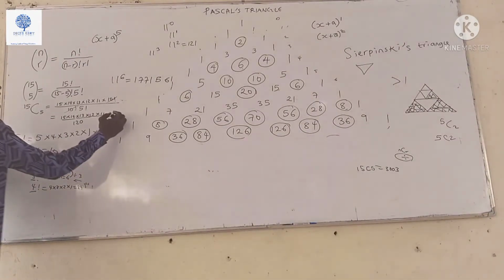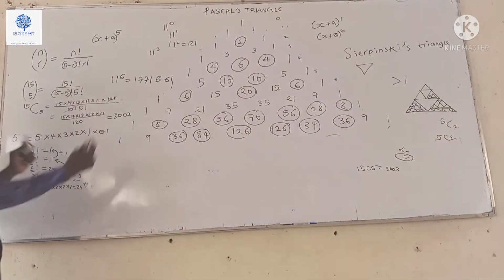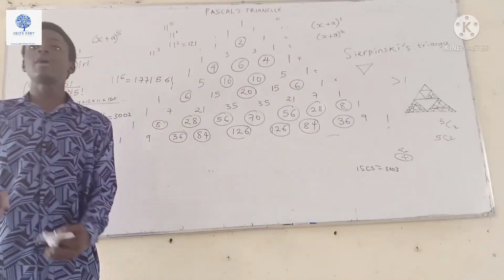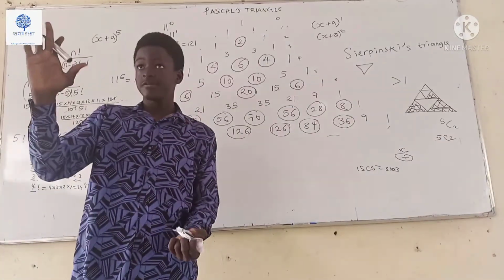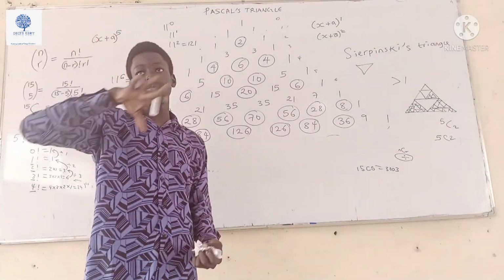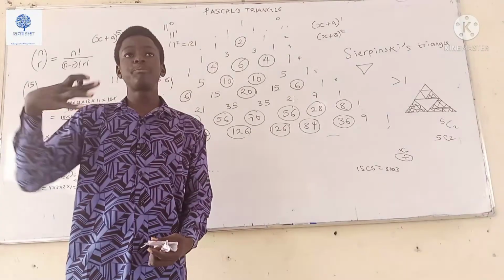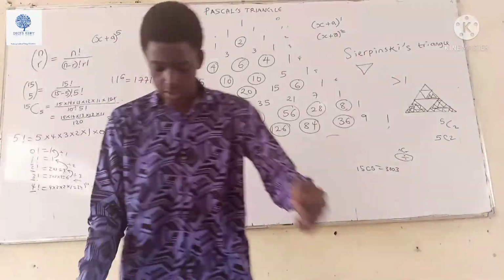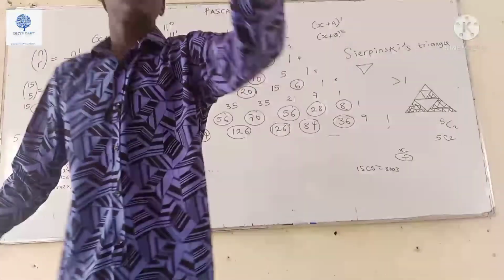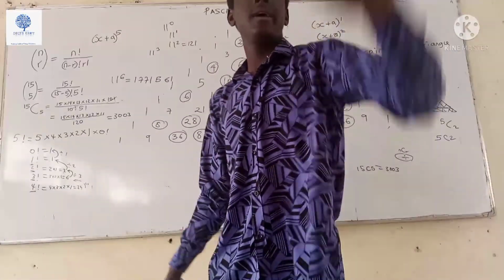Now, since we have 3003, this means that if we have 15 people in this class and we are to combine only 5, that is, if I'm picking 5, let's say I pick this lady, this young man, that lady, and that guy.